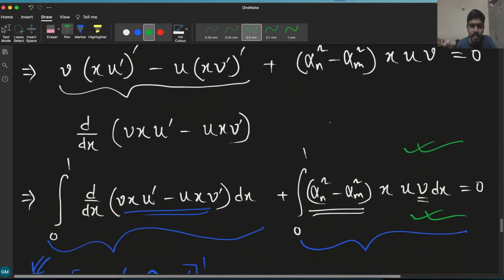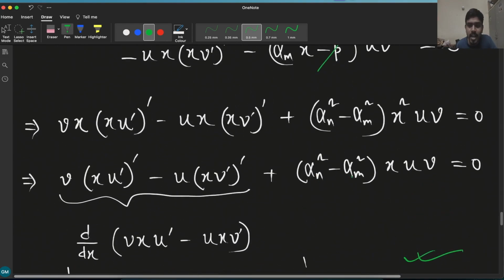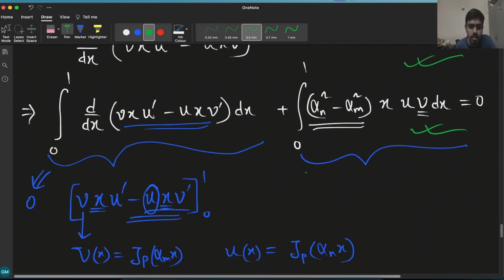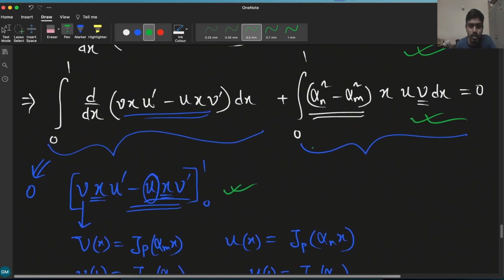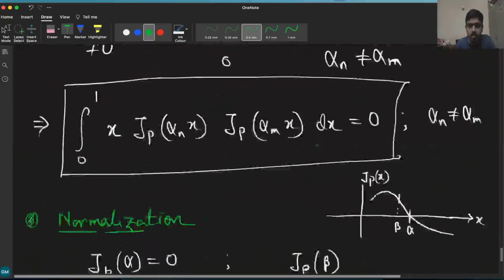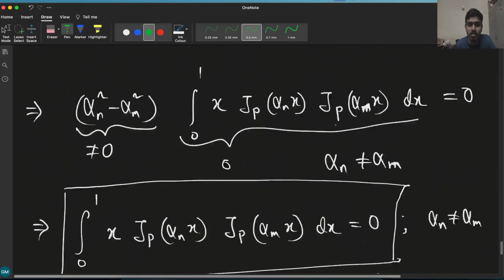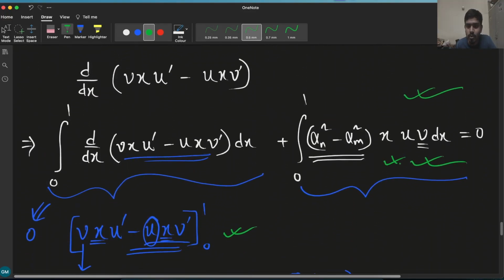Because you can see that till now we have not used the fact that alpha n and alpha m are the zeros of this Bessel function. So here, while putting the limit, we have used it. So even if this beta is not a zero of this Bessel function, it will satisfy this equation, where this alpha n I can call alpha, and this alpha m I can call beta.